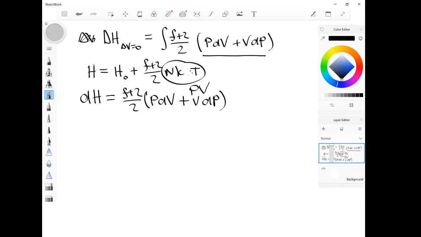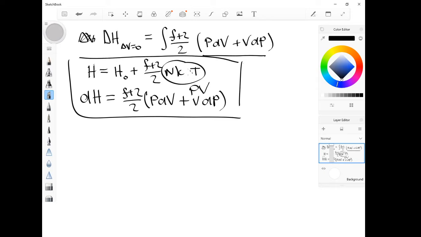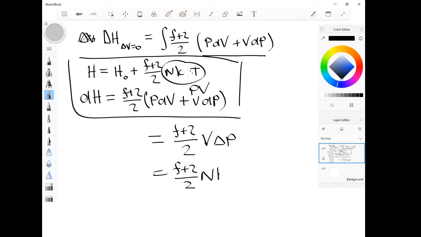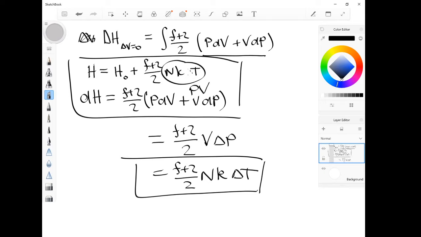And so when you integrate this equation, you end up with (f plus 2) on 2 V delta P, and because it's a constant volume process, we actually end up with (f plus 2) on 2 Nk delta T. So this is going to be another equation we just put aside.